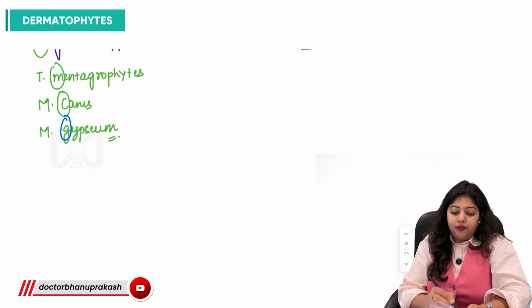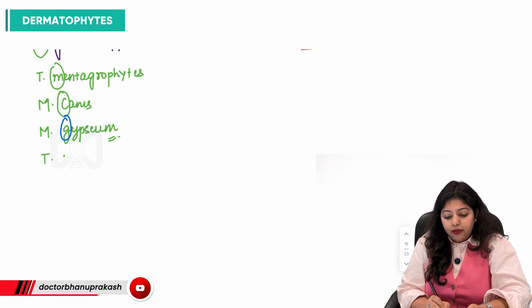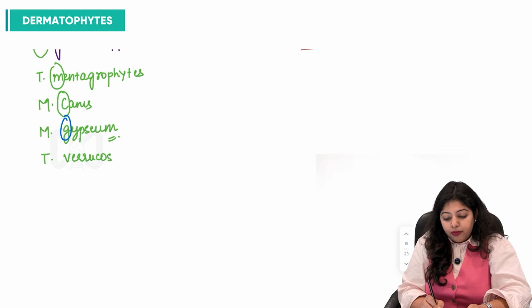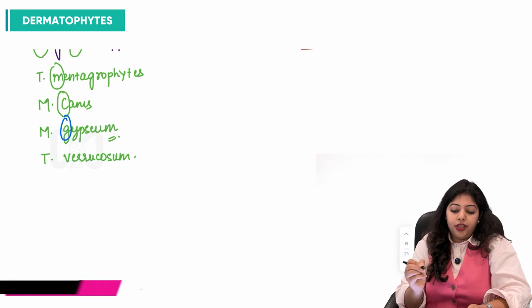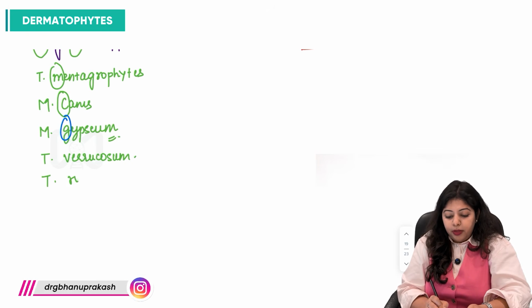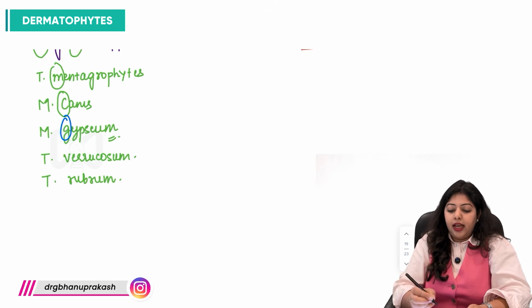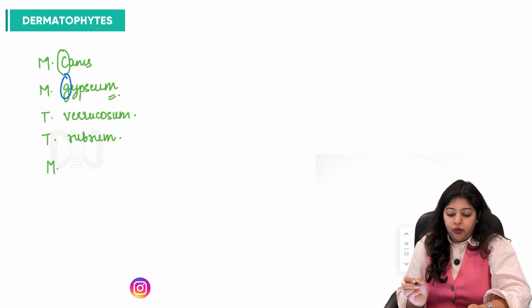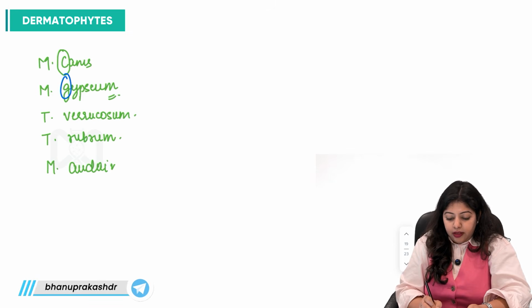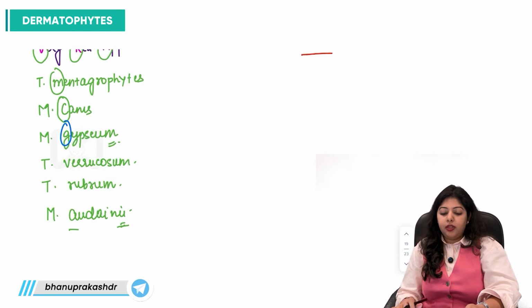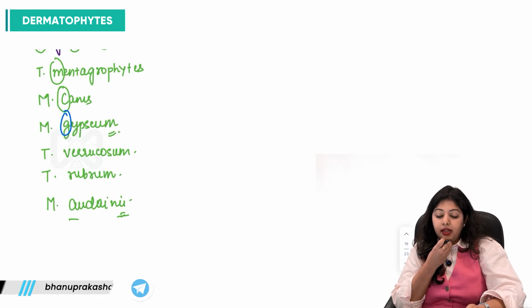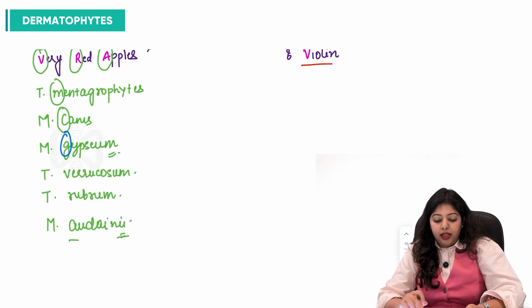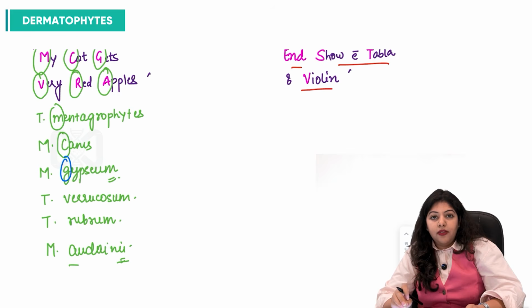Then we have V, which stands for Trichophyton verrucosum. R we have already discussed, Trichophyton rubrum. And A stands for Microsporum, epidermophyton. This is also an important species, right? So these are the different ectothrix invasions.